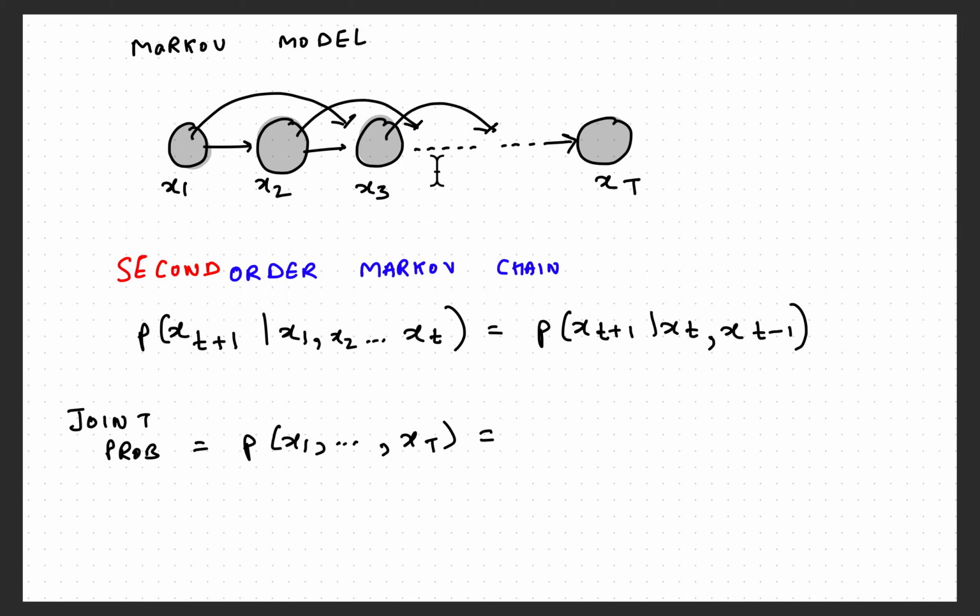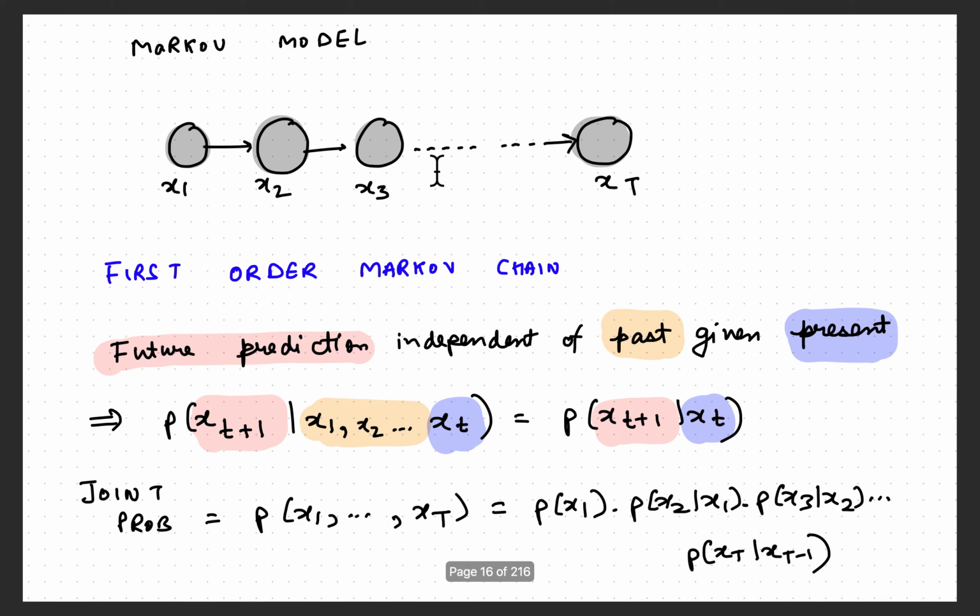Could you again take a minute and write the joint probability for the second order Markov chain? The interesting bit here is that for the first order Markov chain, once we wrote the joint probability, there was an x1 term which was not dependent on anything, right?